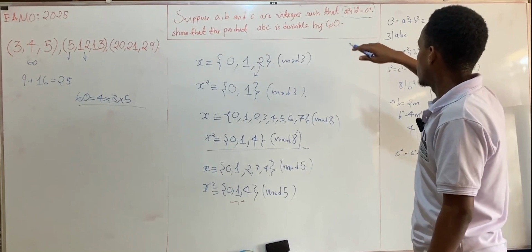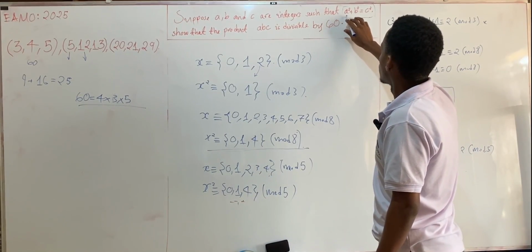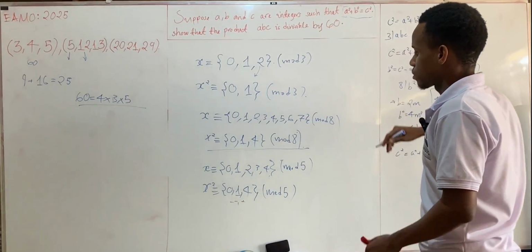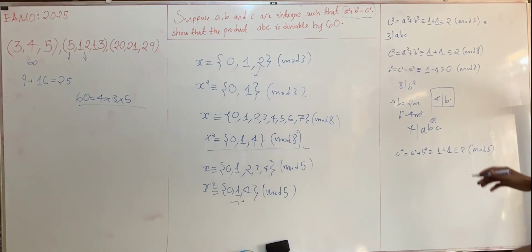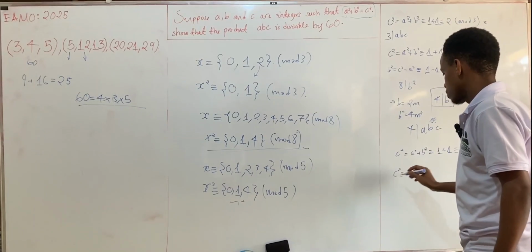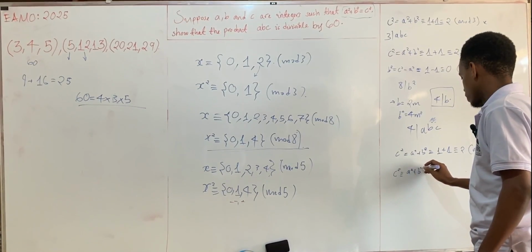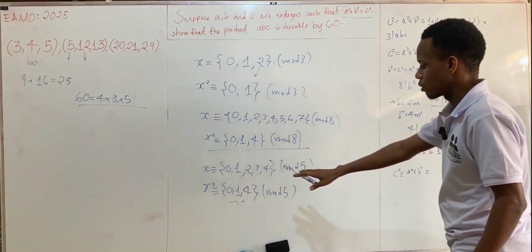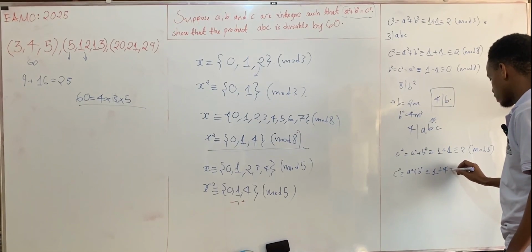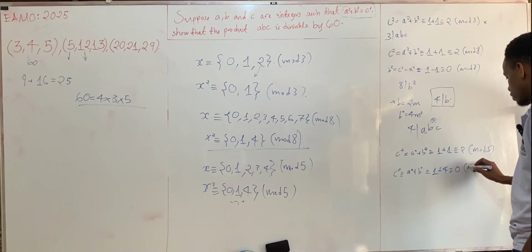How about if one of A squared and B squared is congruent to 1 and the other one is congruent to 4 modulo 5? In that case, C squared is equal to A squared plus B squared, which is congruent to 1 plus 4, which gives 5 modulo 5, which is actually 0.